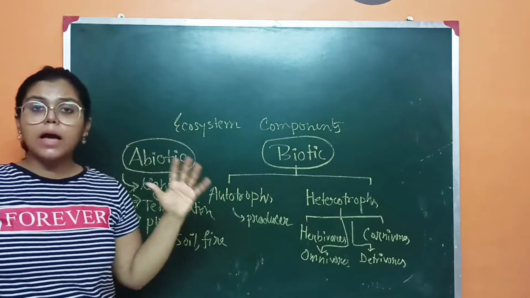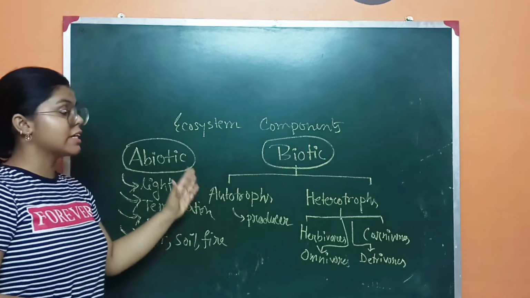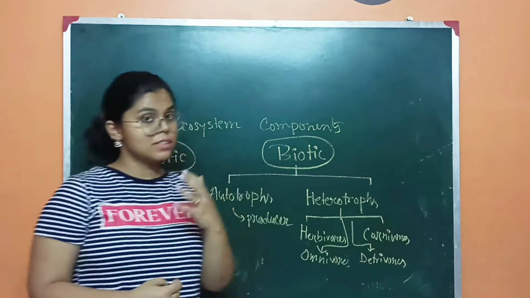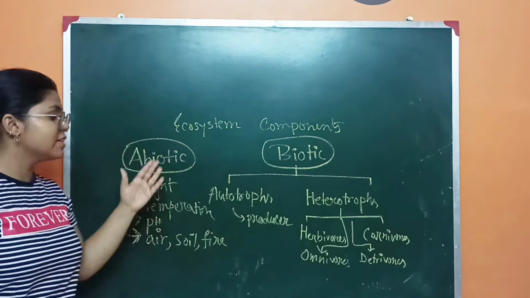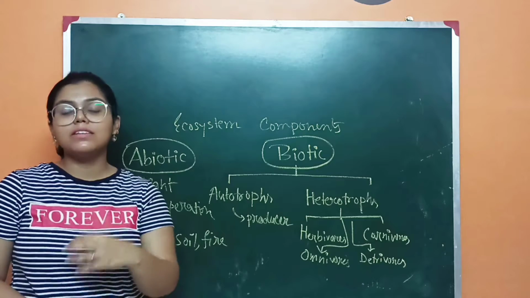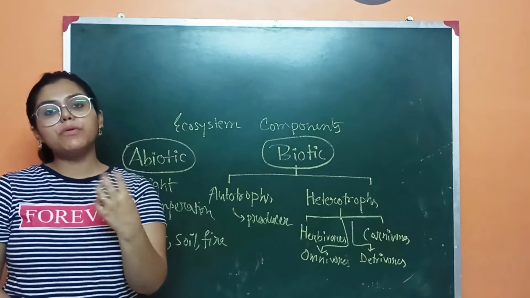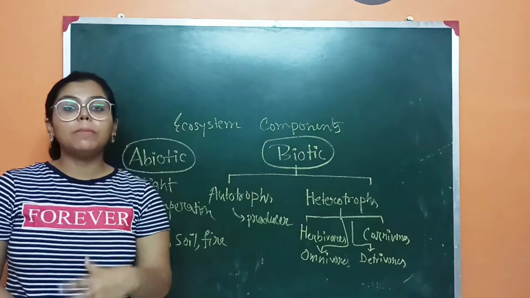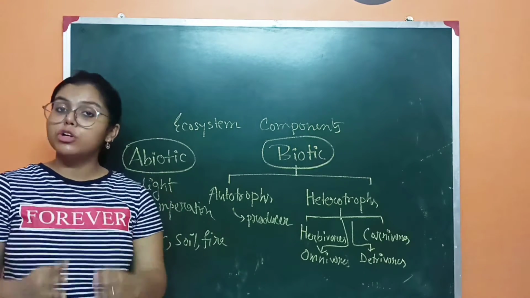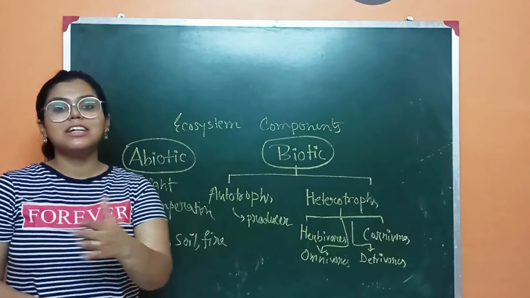A brief idea about it. Basically the abiotic factor and the biotic factor are interconnected among themselves, such as without light the autotrophs can't produce food. Sometimes reproduction is also accompanied by light, but the main thing, the food producer, the plants, cannot produce food without sunlight.